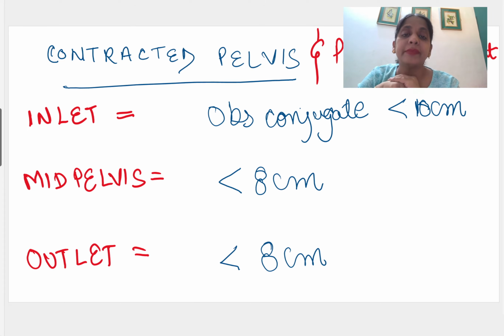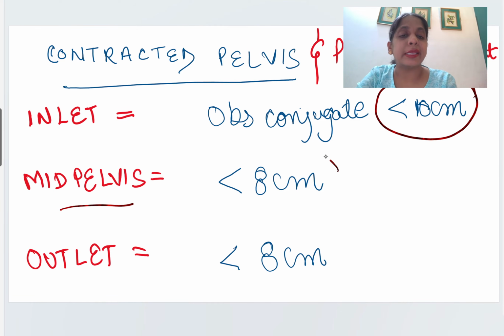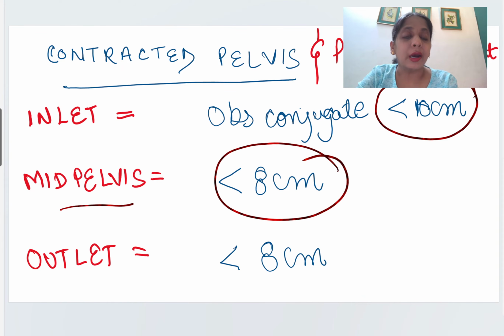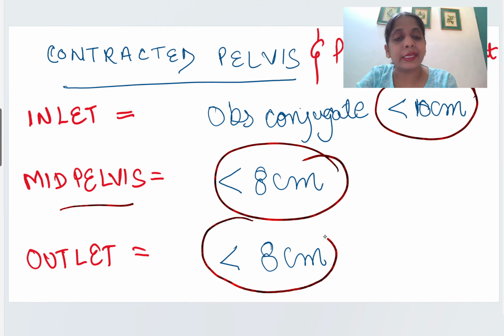At the inlet we were measuring the diagonal conjugate; diagonal conjugate minus 1.5 is the obstetric conjugate. So 12 minus 1.5 is 10.5. But if this obstetric conjugate is less than 10, then we call it a contracted pelvis. If the interspinous diameter is less than 8, it is known as a contracted mid pelvis. And if the outlet is less than 8, then again it is known as a contracted outlet.